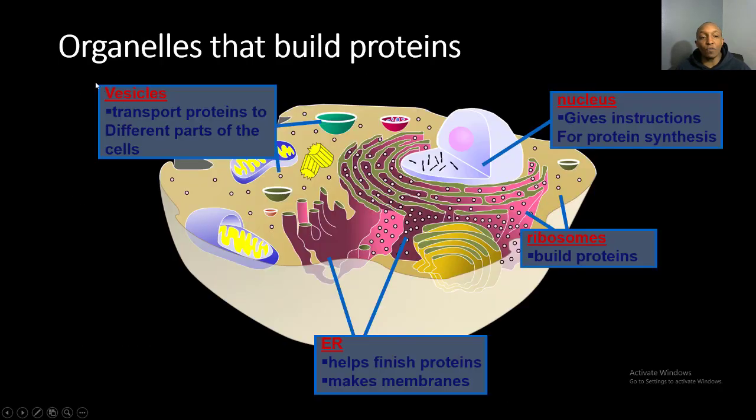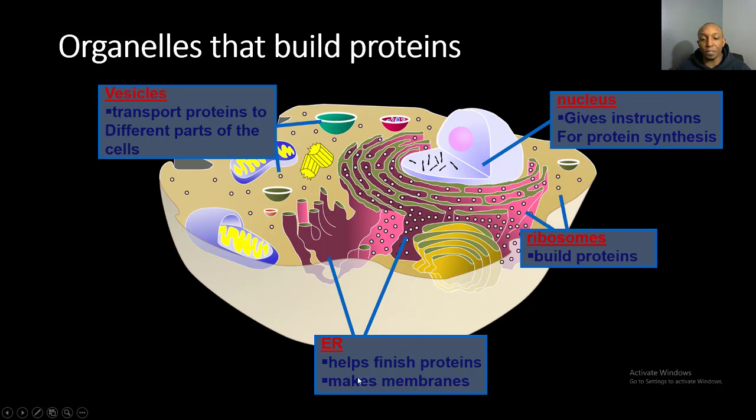Now let's do an overall review of the organelles that build proteins. So we have the nucleus, and it gives instructions for protein synthesis, and it tells the ribosomes what type of proteins to build. And then the ribosomes are attached to the rough endoplasmic reticulum that helps finish those proteins.